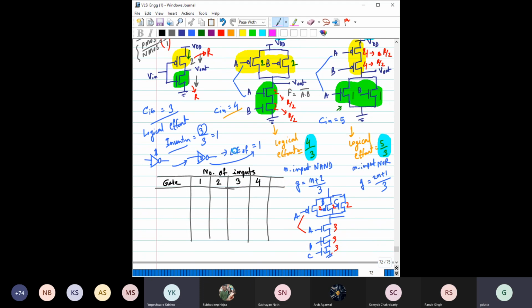So let us fill it here so that we can look into this table again and again and complete our design part. For an inverter, the logical effort is 1, since it can have only one input.